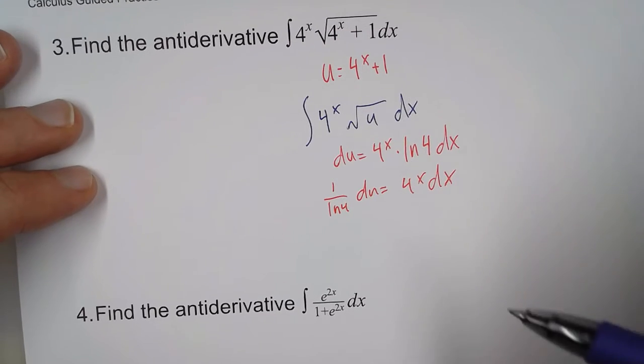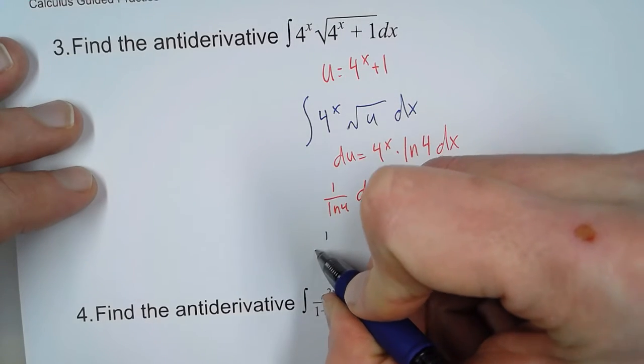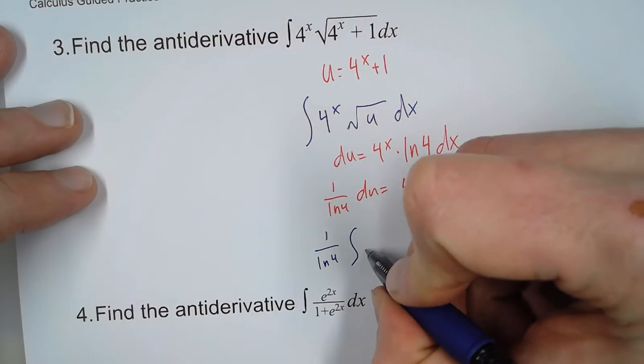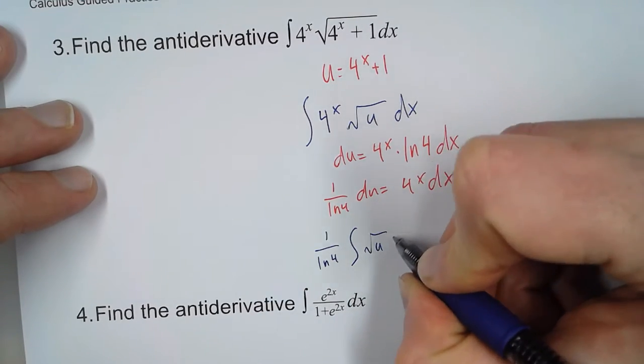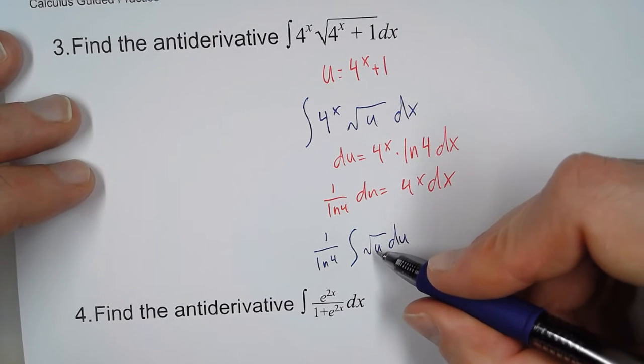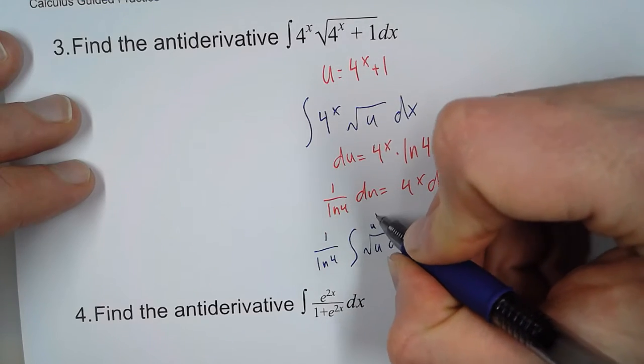So now when we replace that, we're going to put the 1 over ln of 4 out front, because coefficients don't really affect integrals. So u under the square root is the same as u to the 1/2.